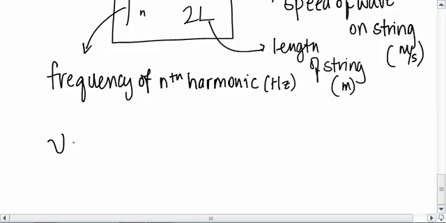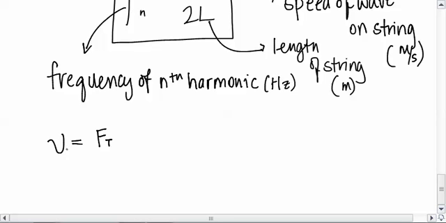So the speed of a wave on a string is going to depend on some properties of the string. First of all, if you tighten that string, what's going to happen to the frequency? It gets higher. So if the velocity is directly related to the frequency, then the force of tension in the string has to be directly related to the velocity. Now, are all strings created equal?